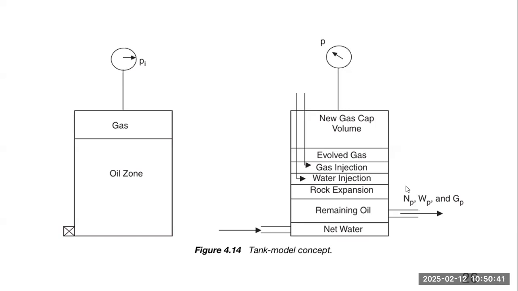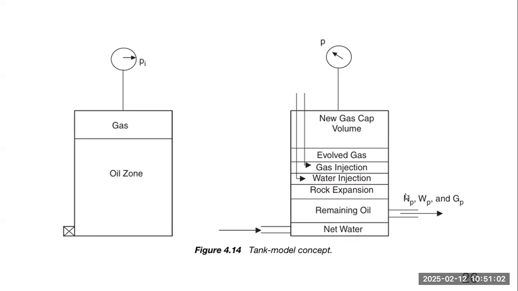Okay, so this is your total underground withdrawal, your F, and this is your A, B, C, and D, all occurring in here. Here gas injection and water injection is added.